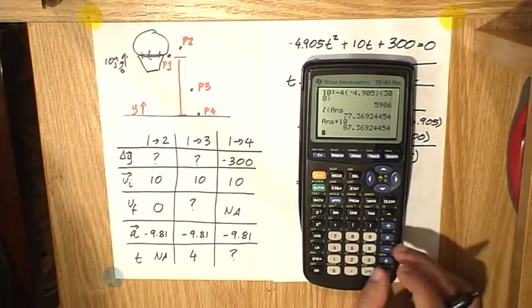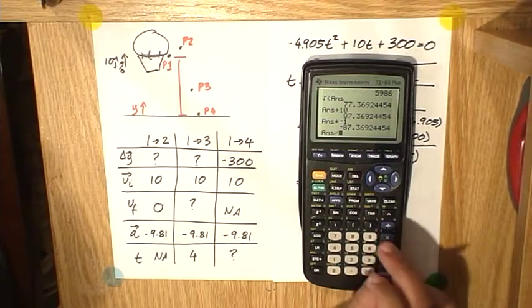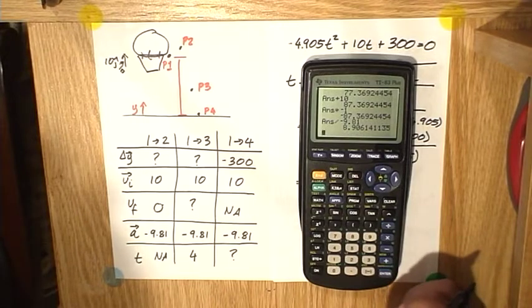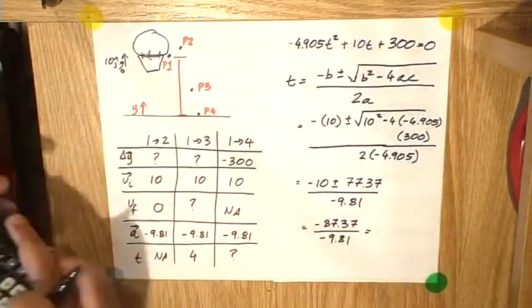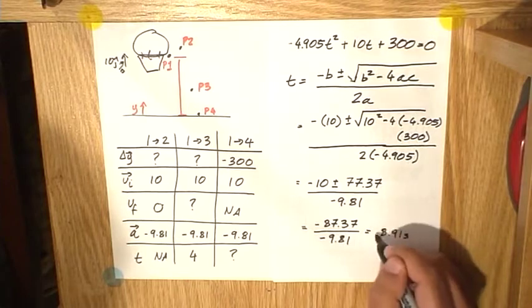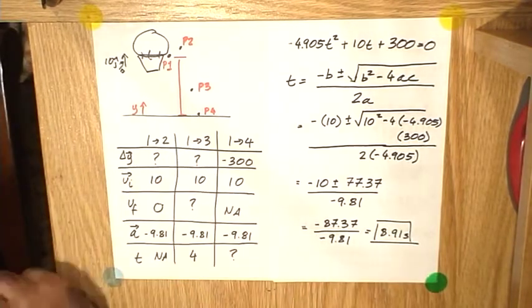Negative 87.37 divided by negative 9.81 gives us 8.97. No, 8.91. 8.91 seconds. That is the time that it takes for the ball to strike the earth.